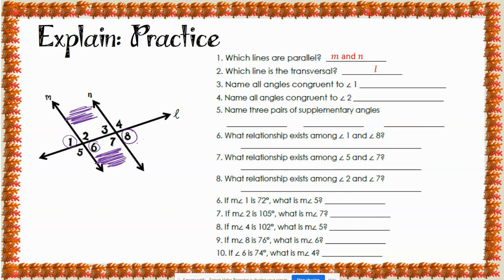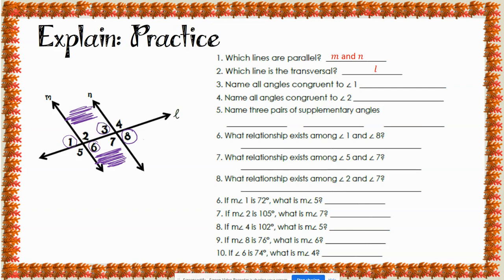Now that's not the only thing, because if I know that angle 6 is congruent to angle 1, well, angle 6 is an interior angle. Since it is an interior angle, it has an alternate interior angle, which is going to be congruent to it. So the alternate interior angle for 6 is angle 3.